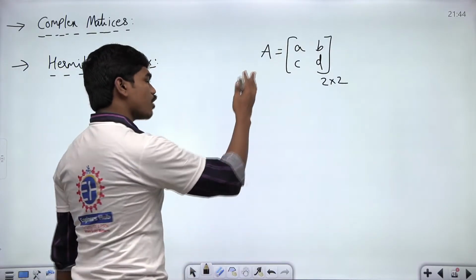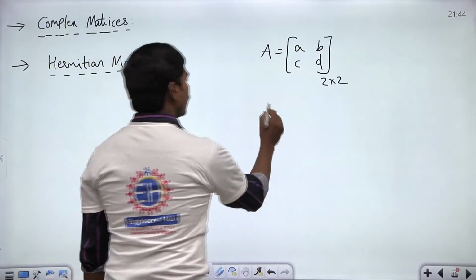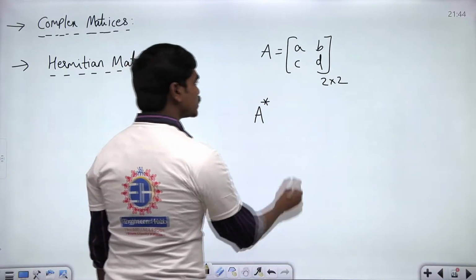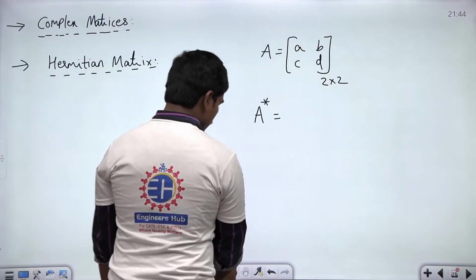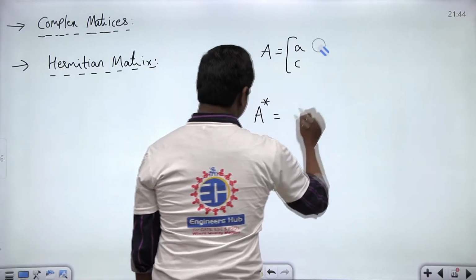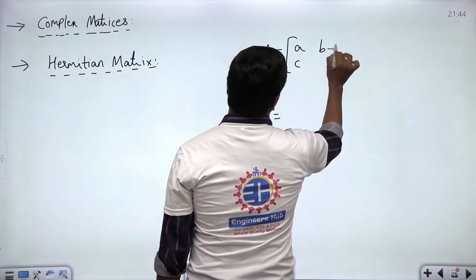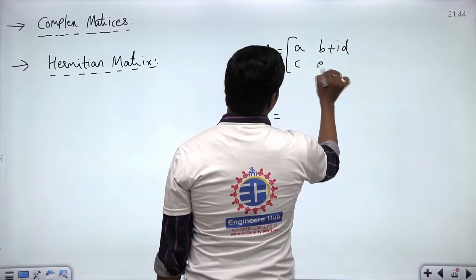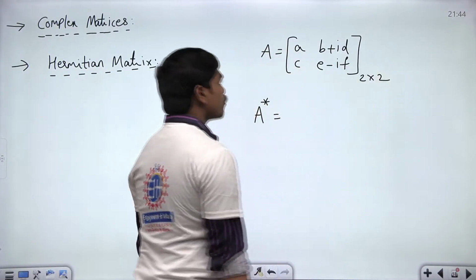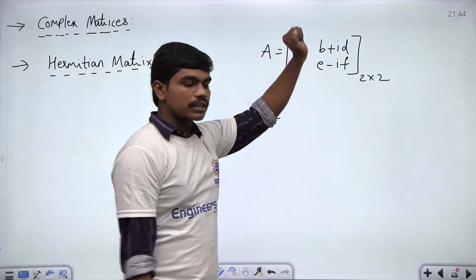So whenever you have some complex involvement, we denote the complex conjugate matrix with a star. Let me write one complex number here. Let us suppose I have given you this 2 by 2 matrix, B plus iD, E minus iF, where two elements are complex numbers.